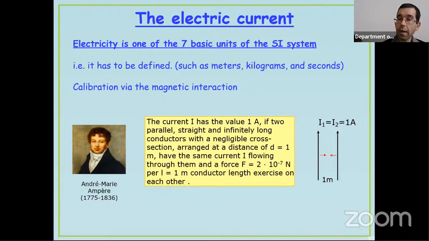And it was defined so that the current is 1 ampere if it flows in 2 parallel, straight and infinitely long conductors with negligible cross-section at a distance of 1 meter. And in this case, we measure a force between these 2 conductors of 2 times 10 to the minus 7 newtons for each length of 1 meter.